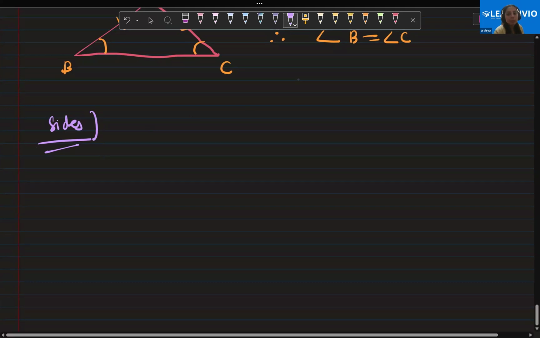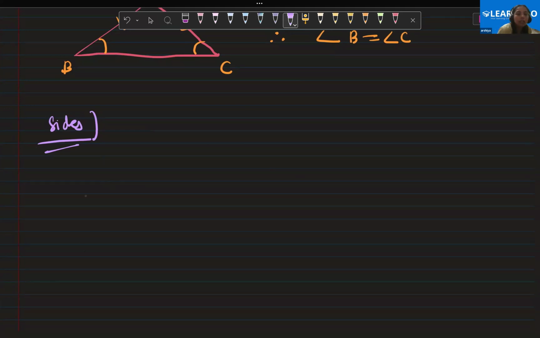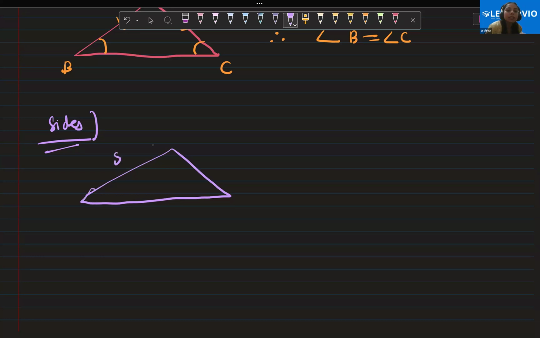Let's say I have a triangle, and the sides are 5, 3, and 7. What this property says is that if you have three sides, when you add two of them, the sum should be bigger than the third side. Now I'll explain what I mean.